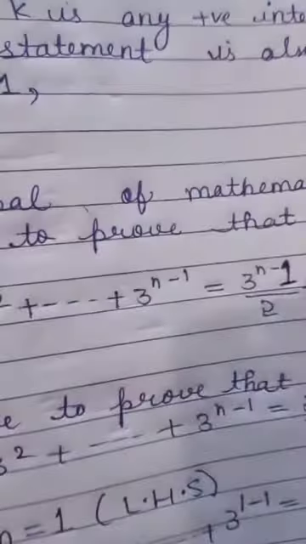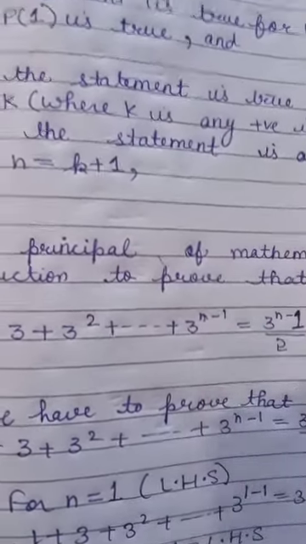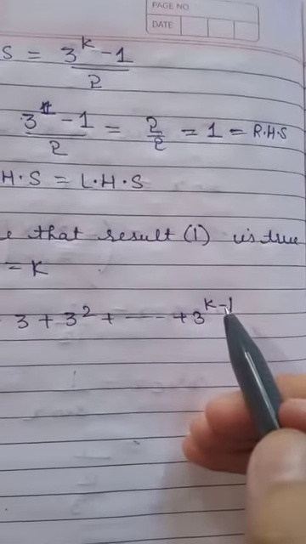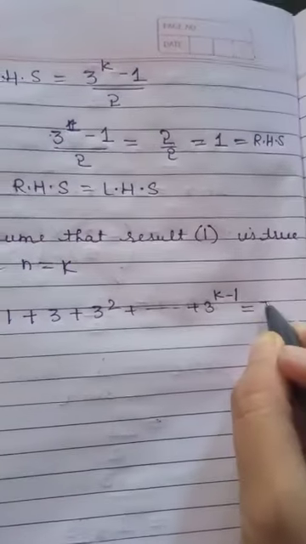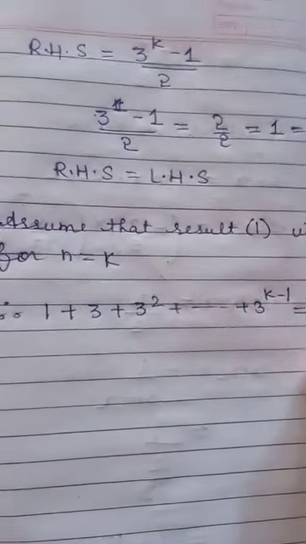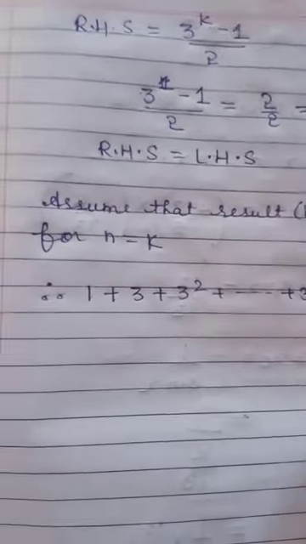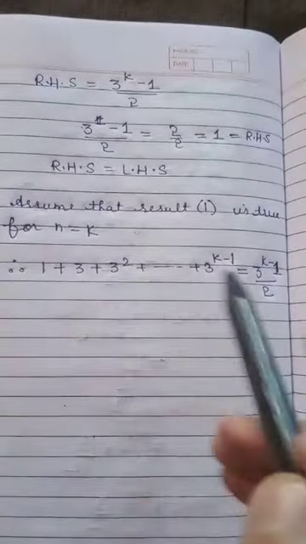Here, in the place of n, put n is equal to k. Then it becomes 3 raised to power k minus 1, is equal to (3 raised to power k minus 1) upon 2. So this is the solution for n is equal to k.